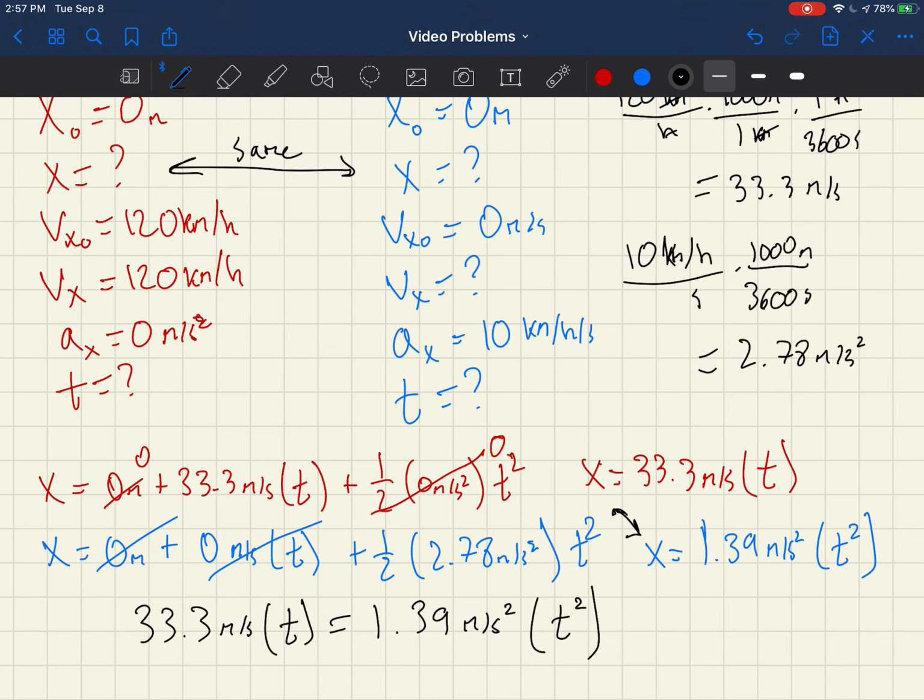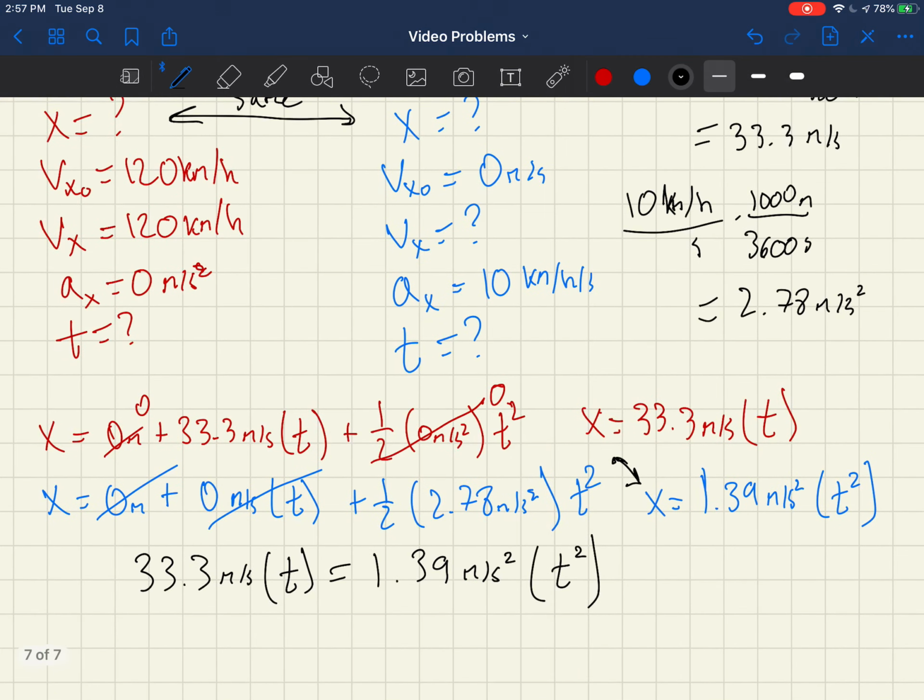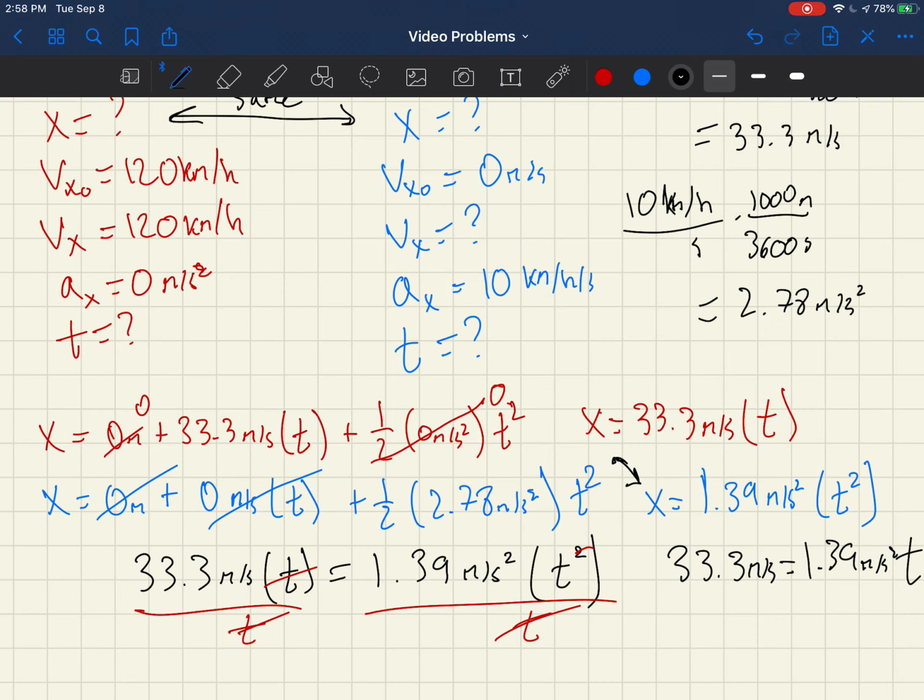All right. Now, they made it nice for us so that we don't actually have to do the quadratic formula. We're going to divide both sides by t, so that t squared reduces with that t, and what we're left with is 33.3 meters per second is equal to 1.39 meters per second squared times t.